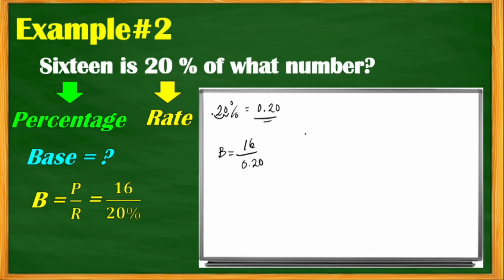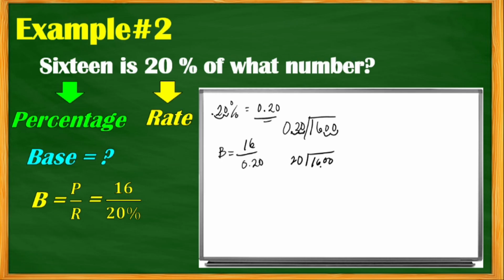Then let's divide. Inside the long division bar we have 16, and outside the long division bar is 0.20. Again, let's have some review. To divide this, you make the divisor a whole number. If you move 2 places to the right in the divisor, we also do this to the dividend.